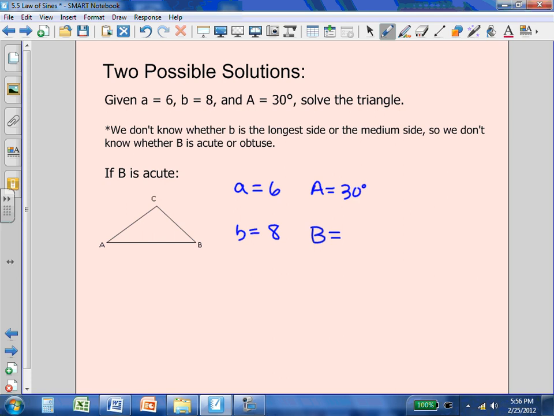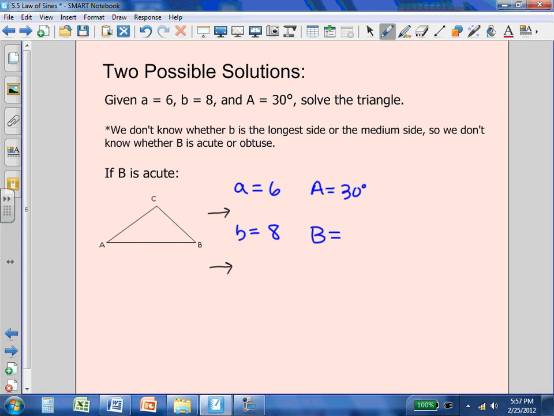Now, here's my question. Is B the longest side? Well, it's certainly not the shortest side, but does angle C fit in here, or does C fit in here?